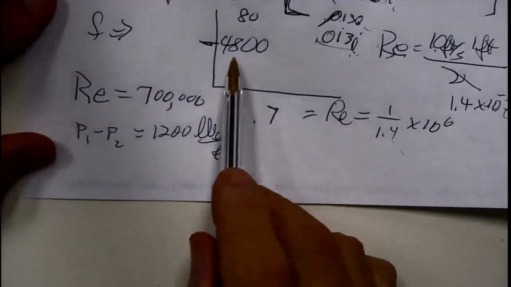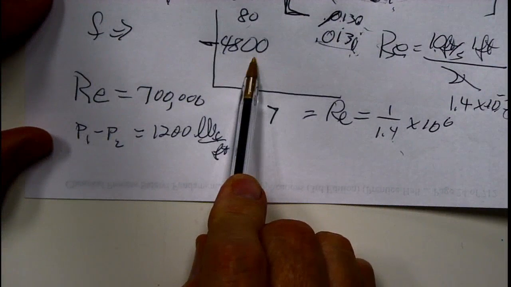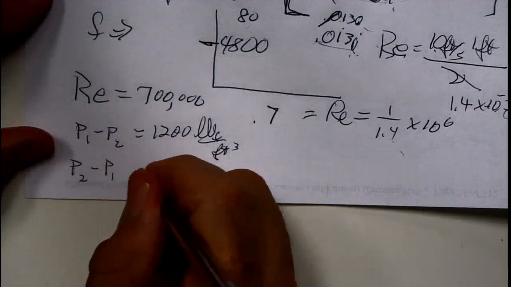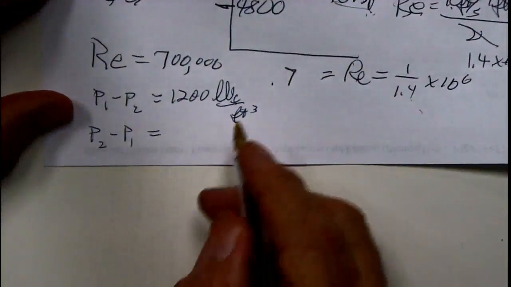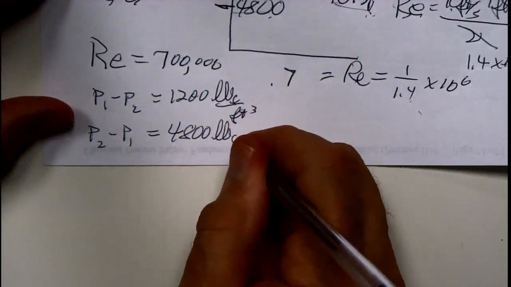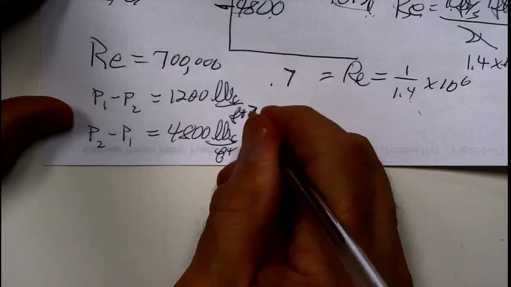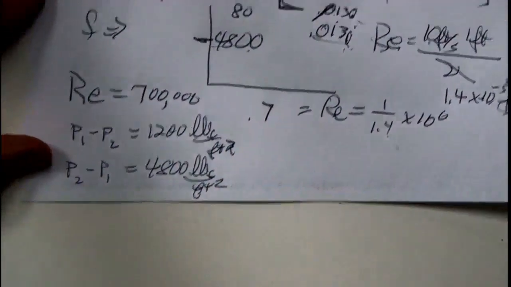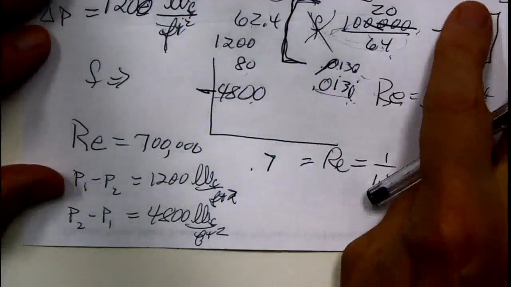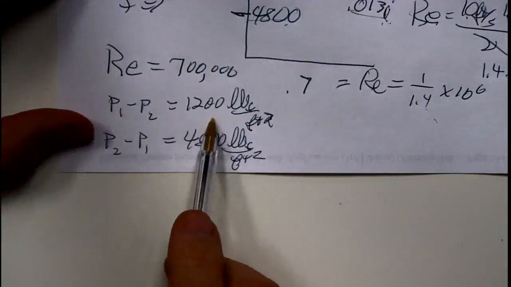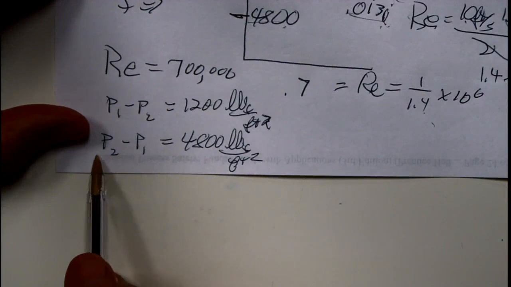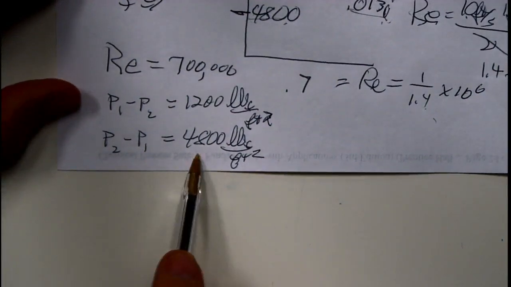Now then, with the minus 800 and 4,800, I would have the P2 minus the P1 as being, I've reversed these now, and that gets rid of the negative sign, 480 pounds force per square foot. Now then, see, without the 100, without the pump, I have a pressure drop of 1,200. With the pump in there, my pressure suddenly goes up because the pump pressurizes. Right? That's kind of cool.